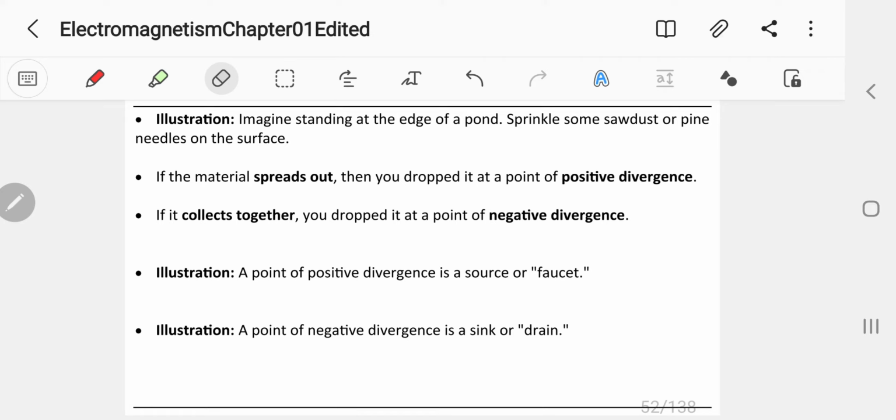That's divergence, positive divergence. But if they collect together, like iron filings on a paper and you put a magnet there, the magnet will collect together the iron filings. That's called negative divergence because it's collecting together. That's just an analogy, but the spreading out is called positive divergence.